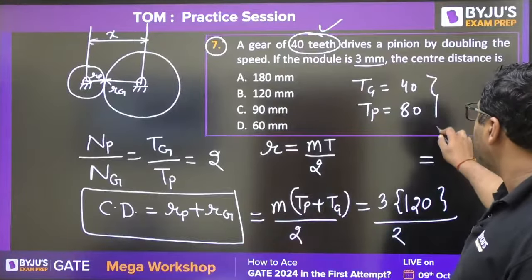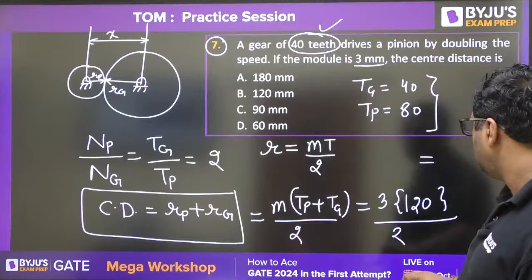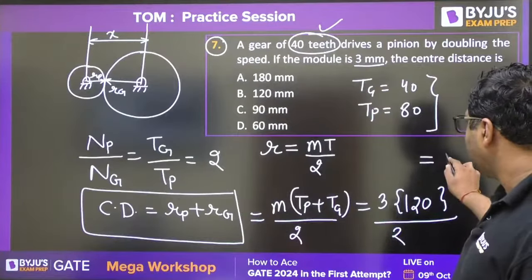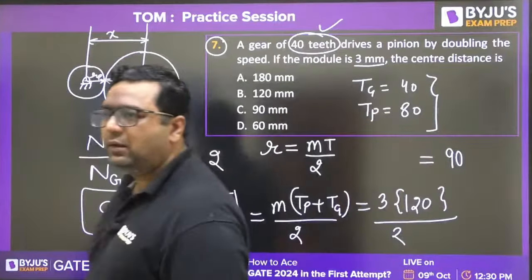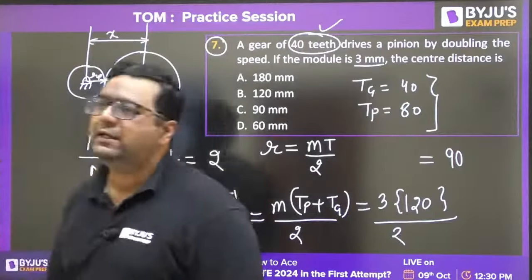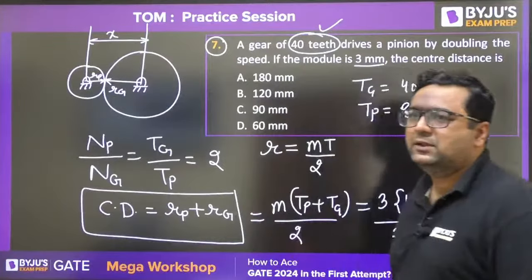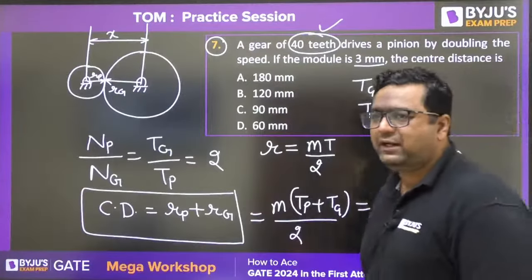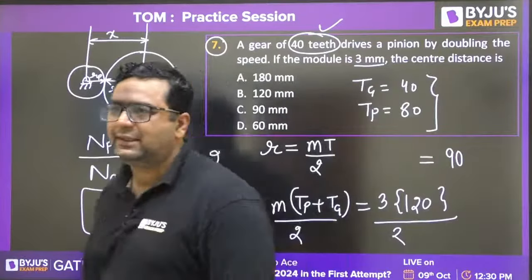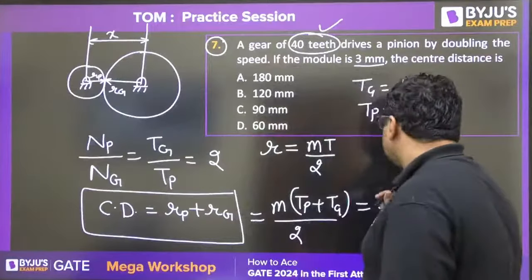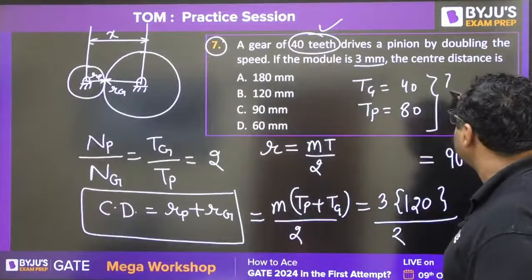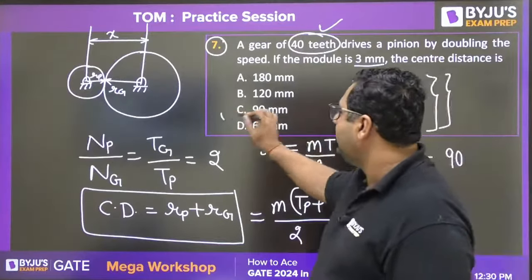The answer will be 90 or 180. 90, right? Yes, divided by 2 also has to be done. So my dear, this is how you will be finding out. The answer will be 90. So when you look at this, the answer comes out to be 90.